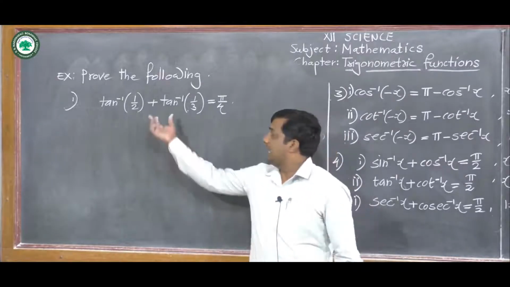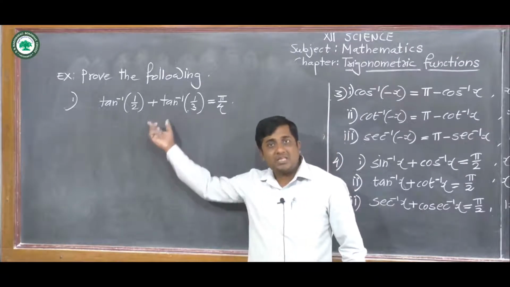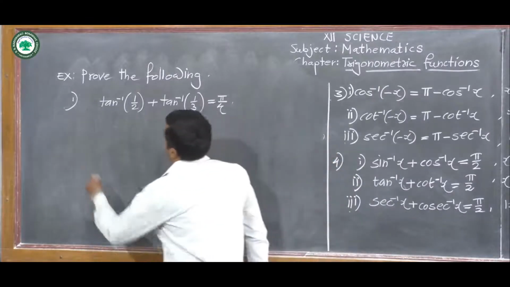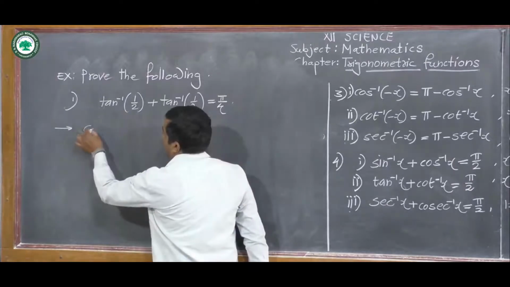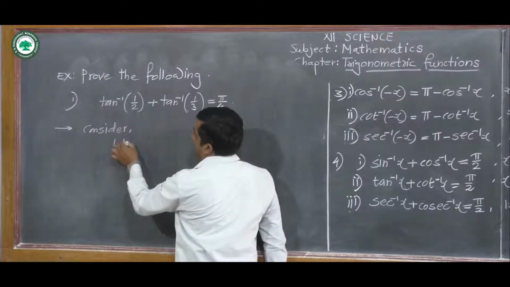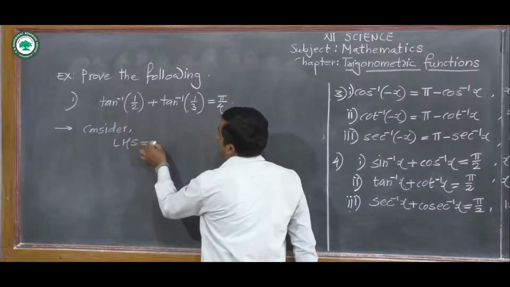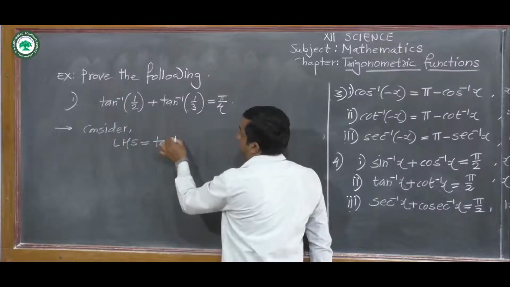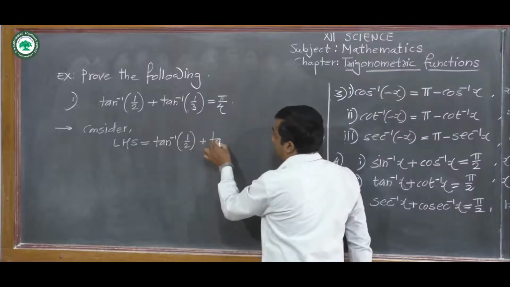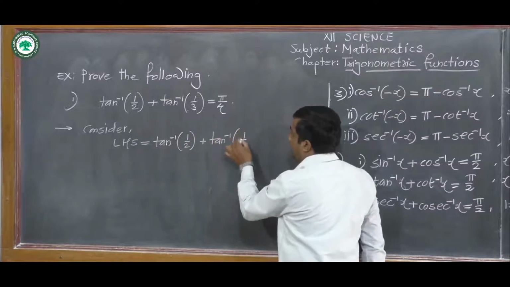Here we consider the LHS first, and by using the LHS we find the RHS. Consider the LHS: given tan inverse of 1 upon 2 plus tan inverse of 1 upon 3.